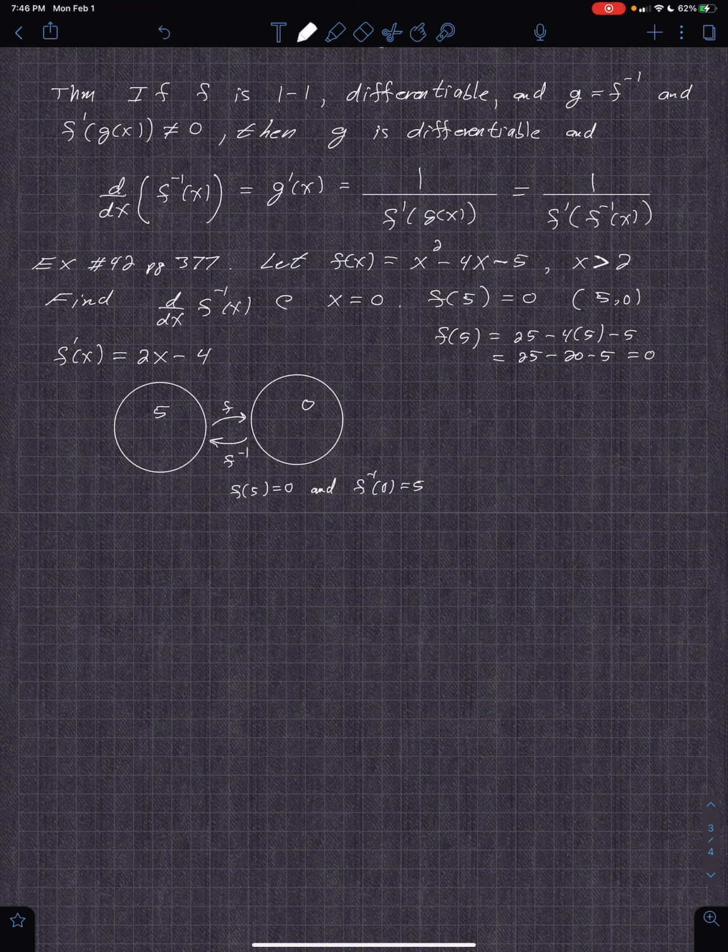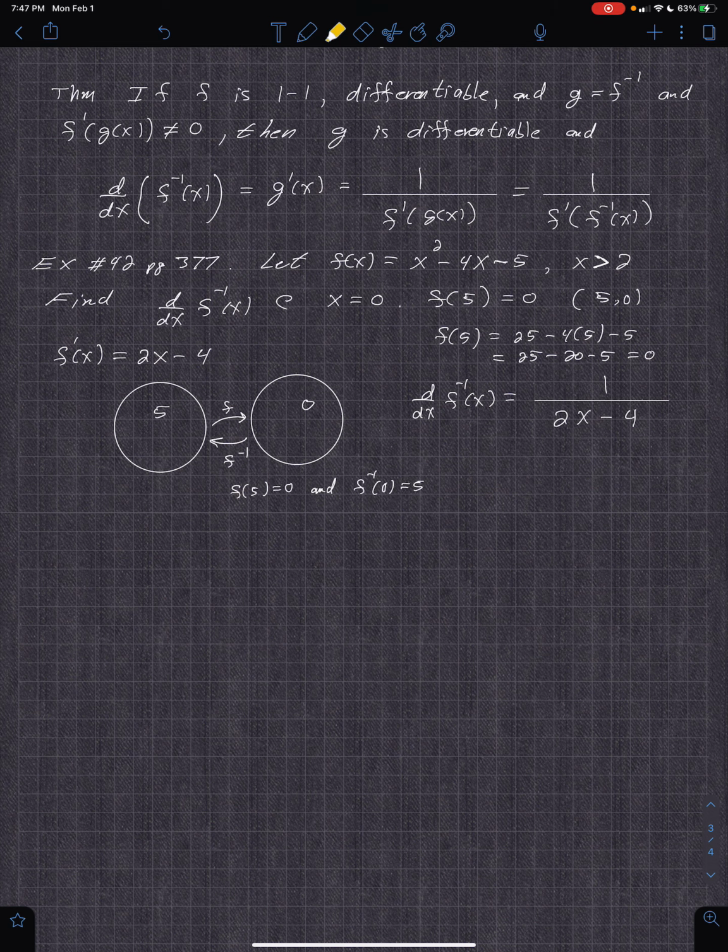So when you evaluate and put 5 in for your inverse, that's what you get. So the theorem says d/dx of f inverse of x, and it's non-zero and all that stuff, so the hypothesis is satisfied, not being too critical right now, is 2x minus 4, but we're evaluating for the inverse. So that's where we're going to put 5, right?